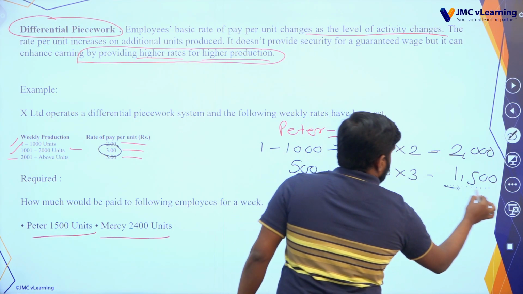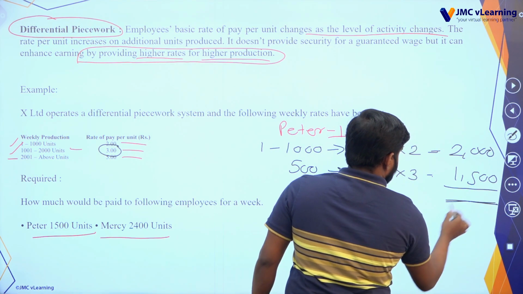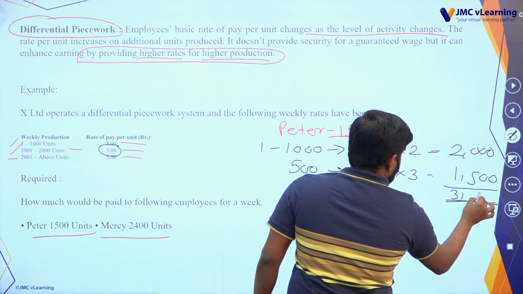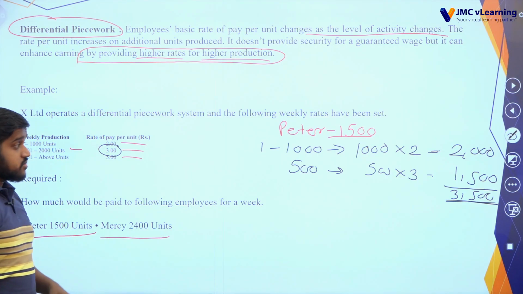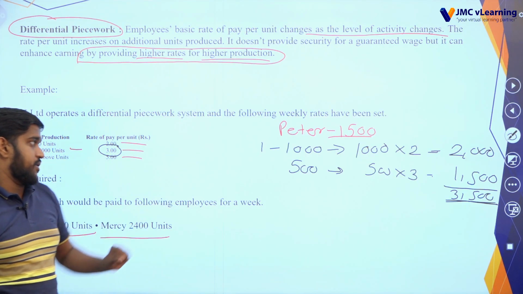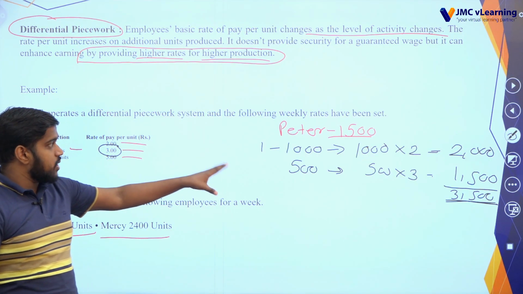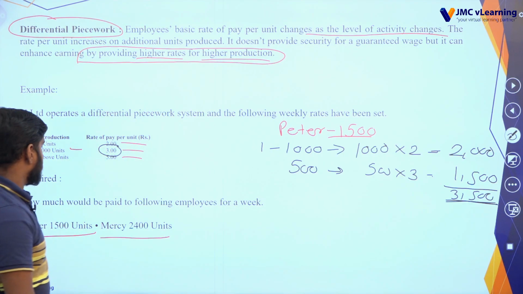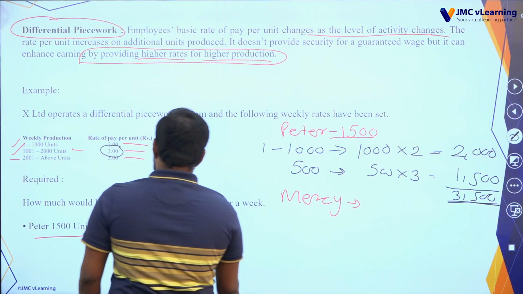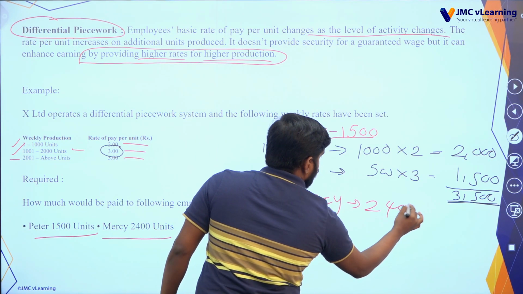Then we can get the total earning of Peter as 3,500. Okay, then we calculated Peter's salary based on the differential piecework method.